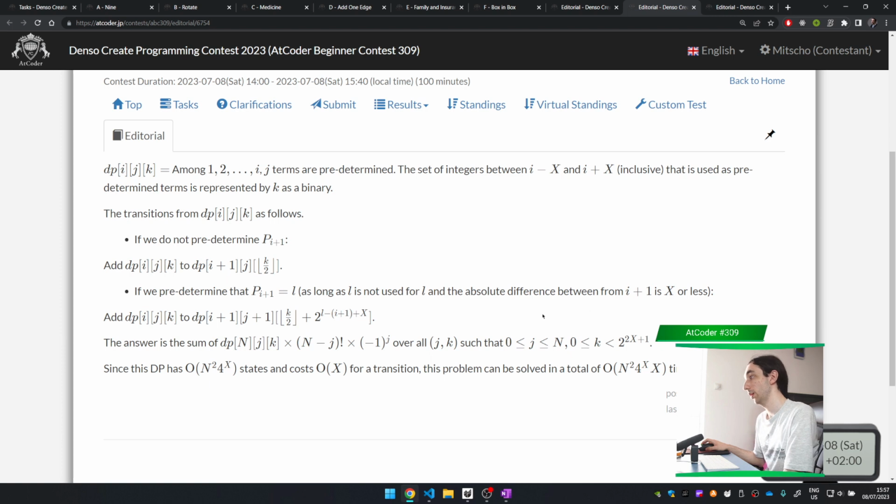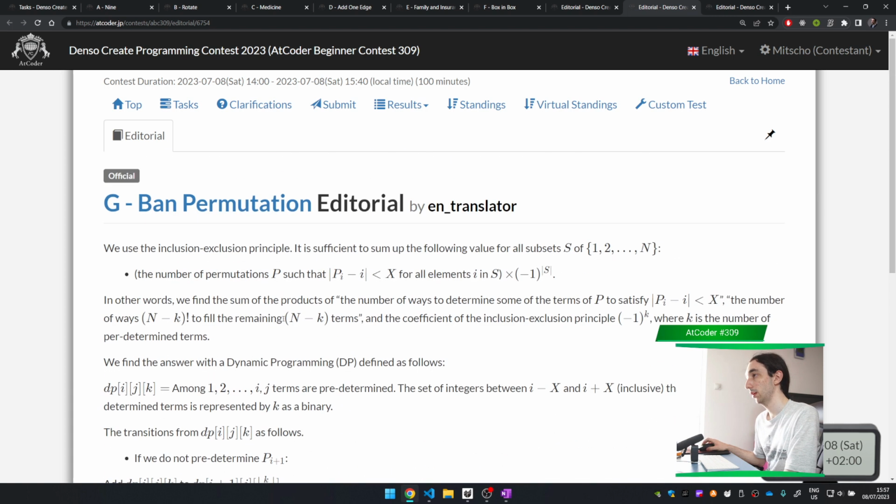Okay, this is quite a complicated DP solution.